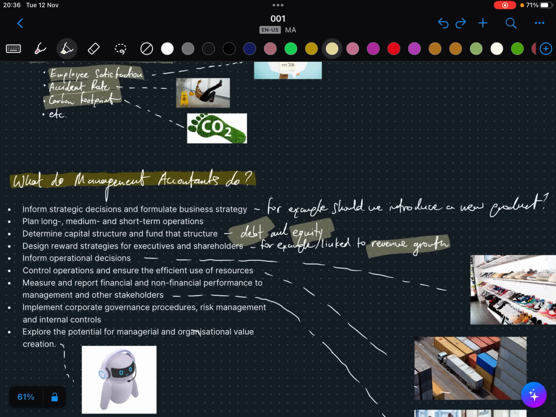A management accountant, for example, might be interested in introducing a new product, but before they would have to analyze the market, observe whether there is a demand for that product, calculate the profit margins and the return on investment to see whether introducing that product even makes sense.